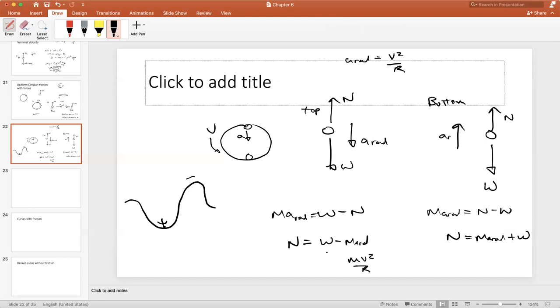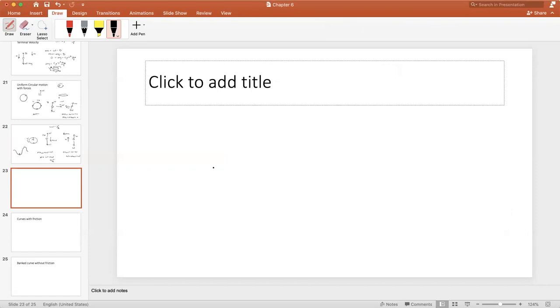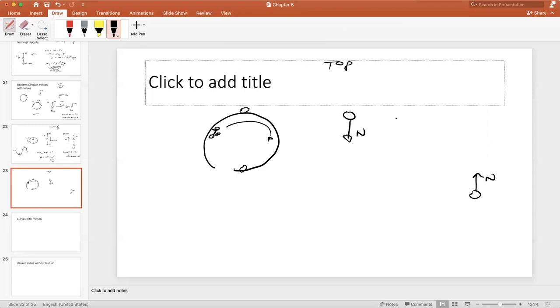Next time we bring up uniform circular motion, there's this other idea, and it's a problem given in the book, of a guy riding a motorcycle inside a loop. So he's going around and around and around. Here, though, the normal force is always going to be down for him. So at the top, the normal force is pushing on him, and at the bottom, the normal force is pushing up.